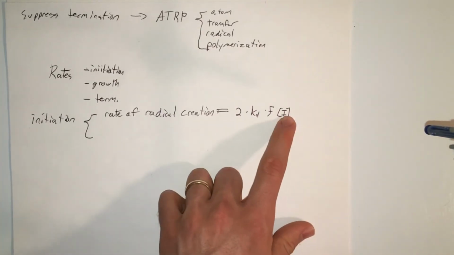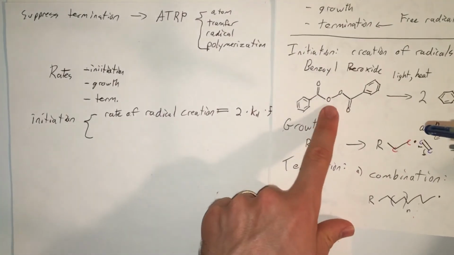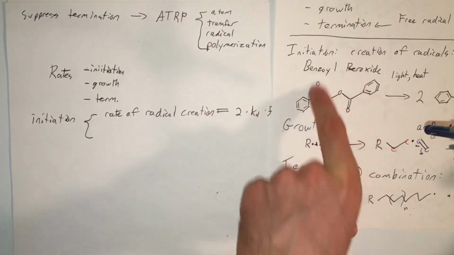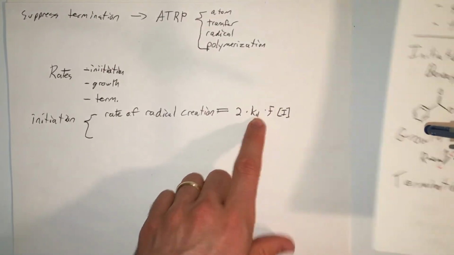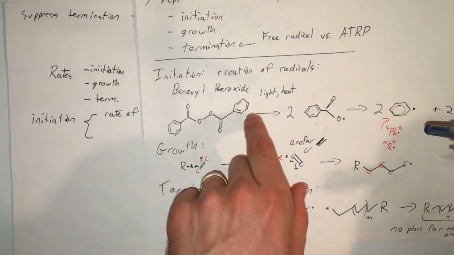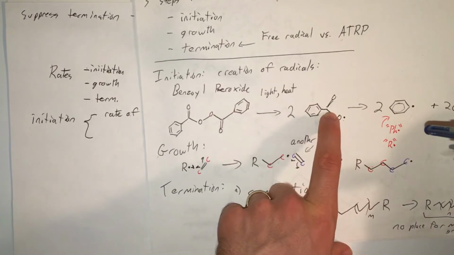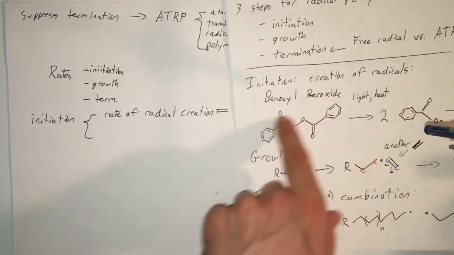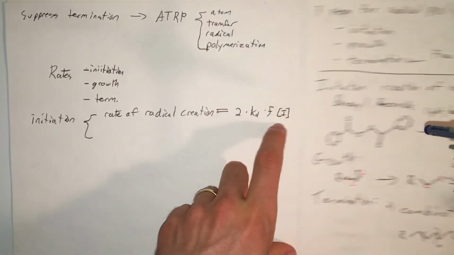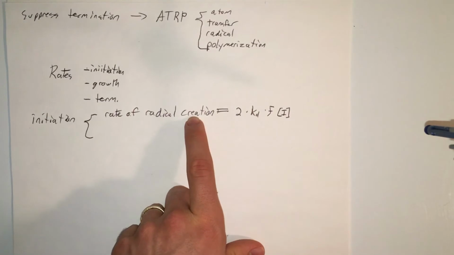So what do I mean by initiators? By initiators, I mean the concentration of these benzoyl peroxide species. And the rate at which that happens is the rate at which light and heat cause these things to break apart into their free radical components. So the more of these benzoyl peroxide molecules there are around, the higher the rate of radical creation.